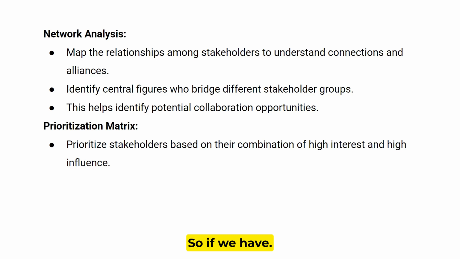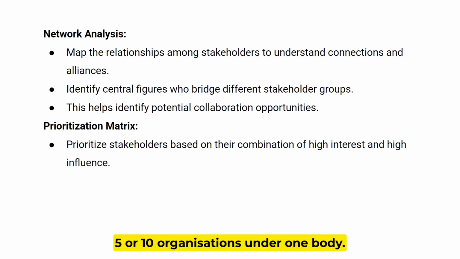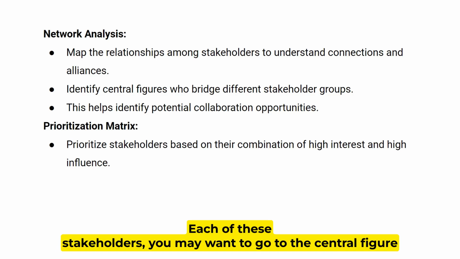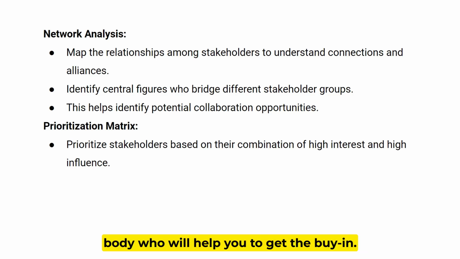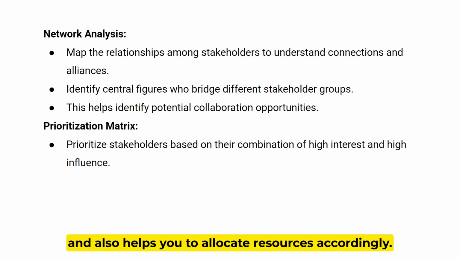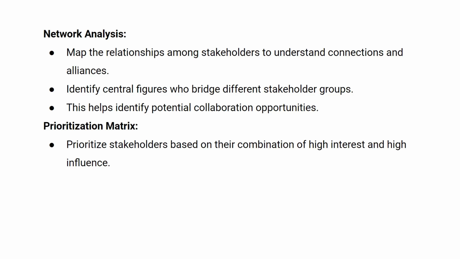If we have 5 or 10 organizations under one body, instead of approaching each of these stakeholders, you may want to go to the central figure, which is the body, who will help you get the buy-in. So this also saves time and helps you allocate resources accordingly.